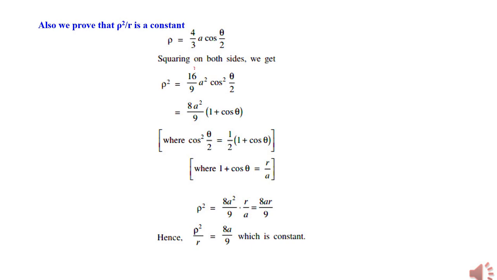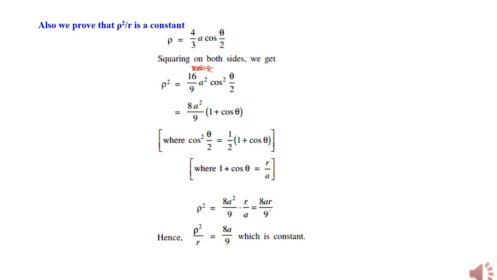And we know that 1 plus cos theta is 2 times cos square theta by 2. Therefore, cos square theta by 2 is half into 1 plus cos theta. So that is replaced. And why is it replaced like this? Because we are given r as a into 1 plus cos theta, and here 1 plus cos theta comes, so that can be replaced by r by a.